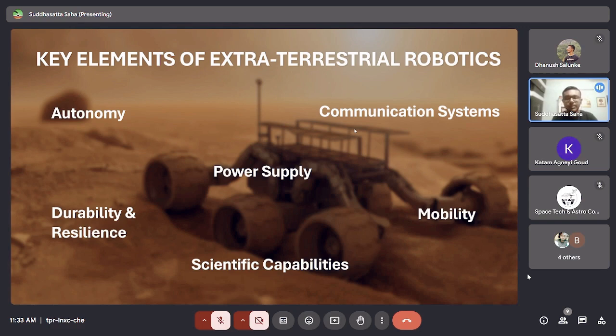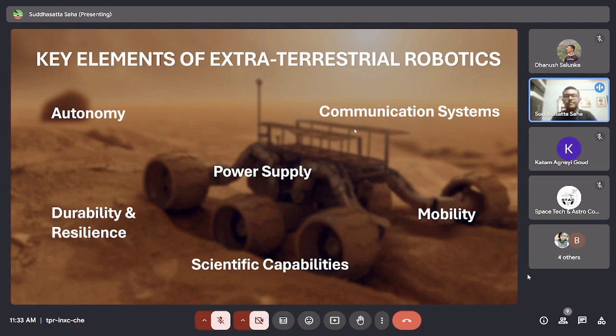I will discuss the mobility aspect particularly in this webinar today in a little bit of detail. I would not like to give any more spoilers about that topic, because it is very interesting to design mobility systems for rovers, because they are very different from what you have seen in ordinary cars or vehicles, or even in supercars for that matter. So rovers have an altogether different mobility system in action.